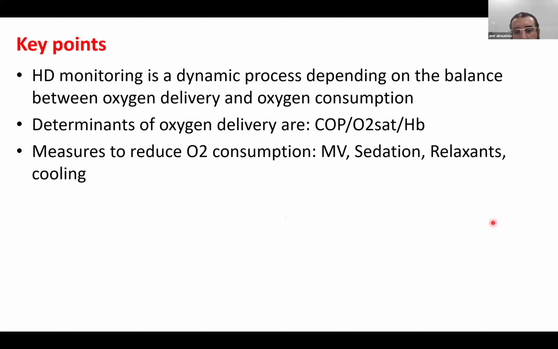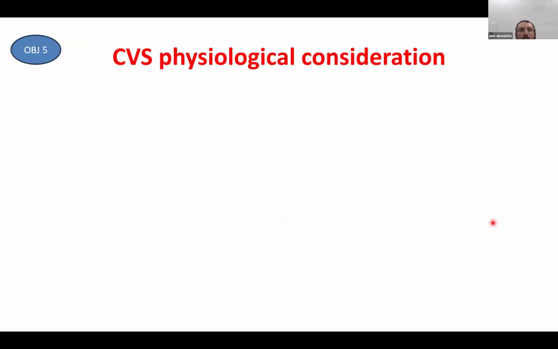Measures to reduce the oxygen consumption should be kept in mind also in shock, like induction of mechanical ventilation, starting sedation, muscle relaxant if needed, and cooling or control of temperature to avoid hyperthermia. This is a very important part of the physiology of the hemodynamic profile of the critically ill patient.